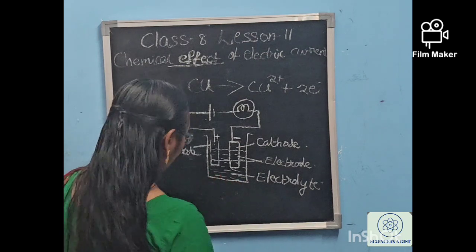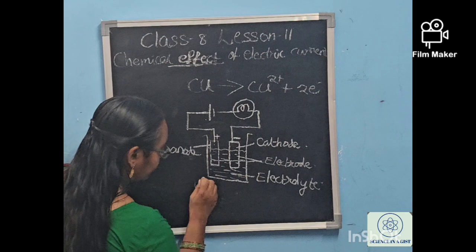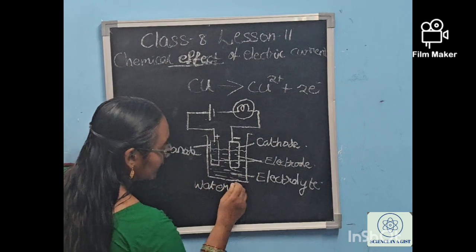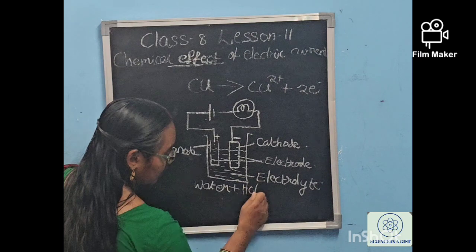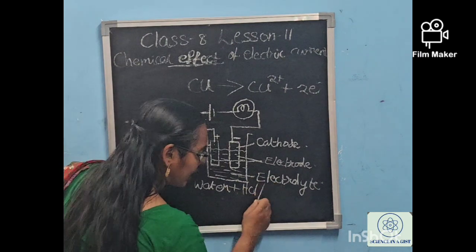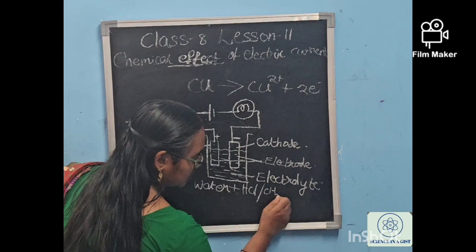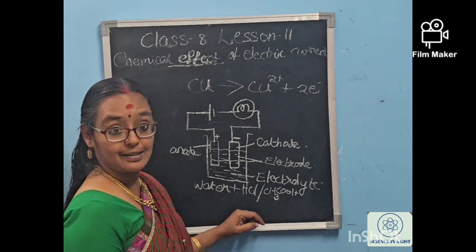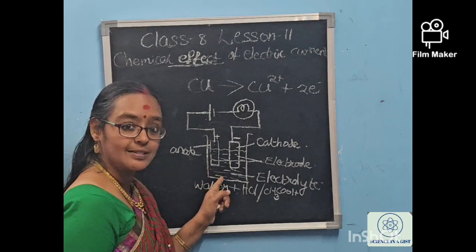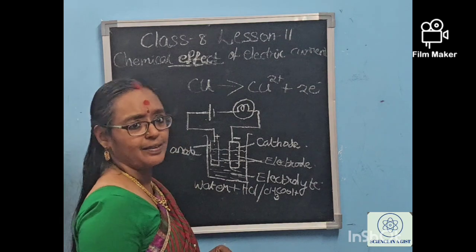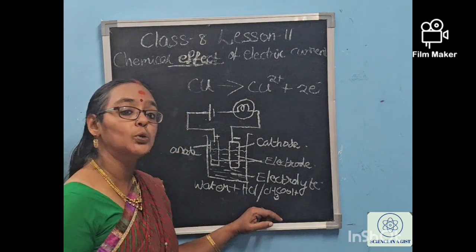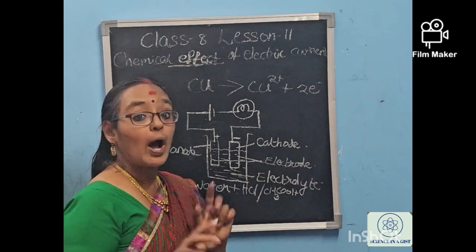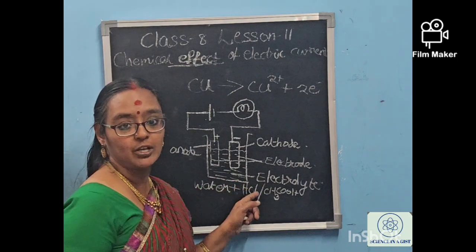By adding either acid, if we are adding water plus HCl, which is a strong acid, or a weak acid even, CH3COOH, then also it will conduct electricity. Even if we are adding a strong acid or a weak acid, a little only, it will start to split into ions and it will help for conducting electricity.